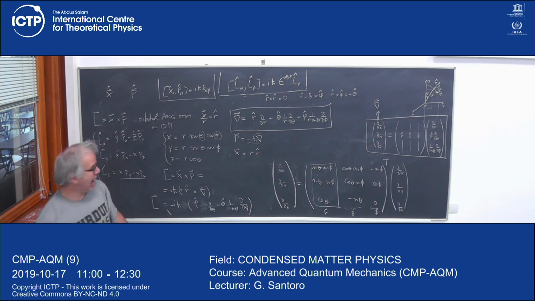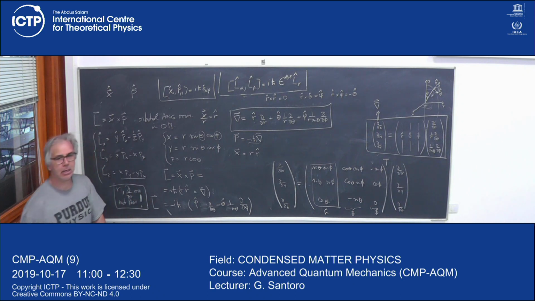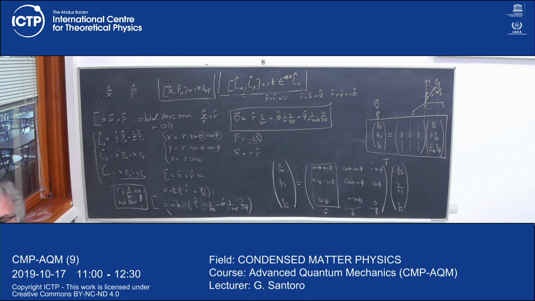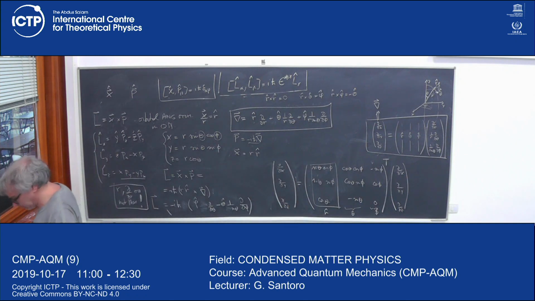So R and dr are not there. Is it clear? So the angular momentum depends solely on theta, phi, and derivatives of that. Clear? Good. That was the goal of this rather long derivation.